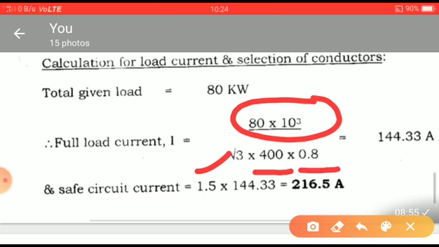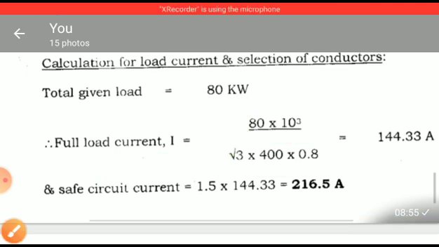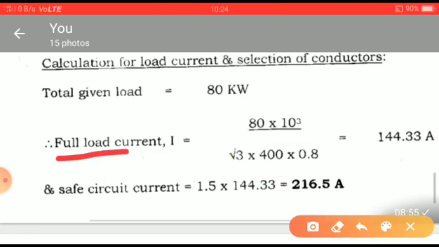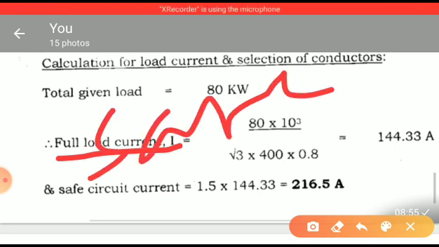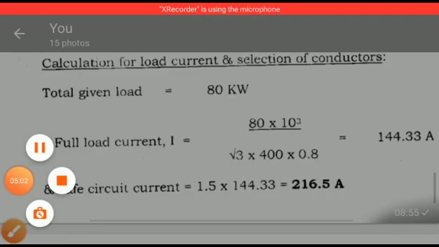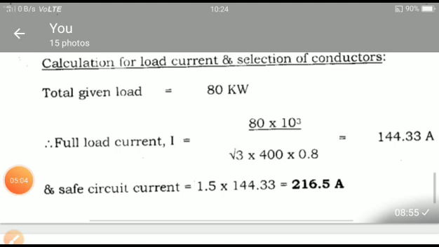So the full load current on this line, the conductor line, is 80 into 10 to the power 3 divided by √3 into 400 into 0.8, which is equal to 144.33 ampere. But this is the full load current, and we have to consider the safety factor. Normally for an LT line the safety factor is 0.5.